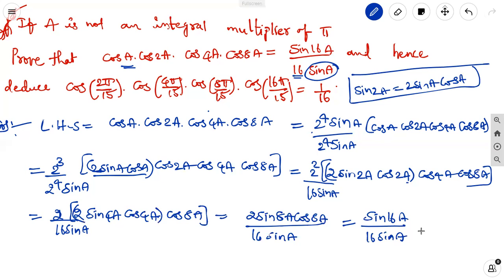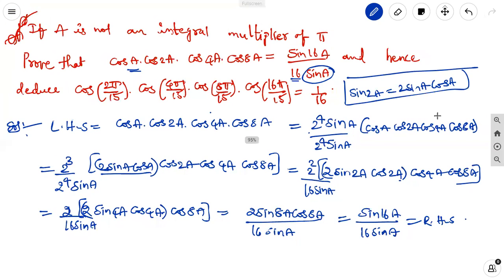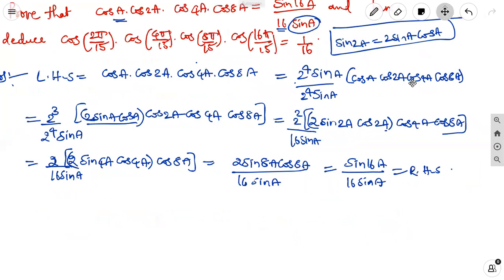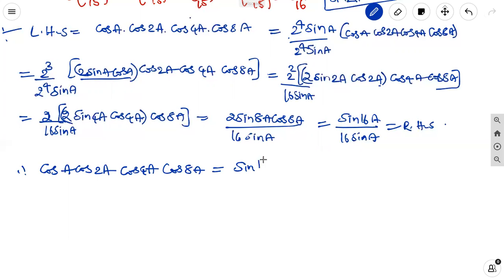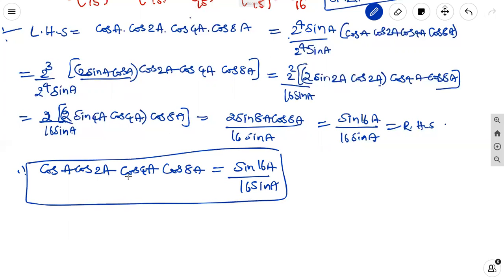When we get that, LHS is equal to RHS. Therefore, cos A, cos 2A, cos 4A, cos 8A is equal to sin 16A by 16 sin A. Now deduce the other form: A is equal to 2 pi by 15.